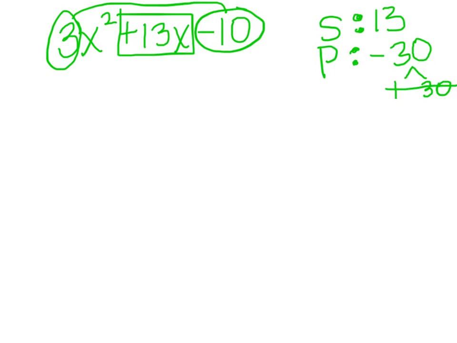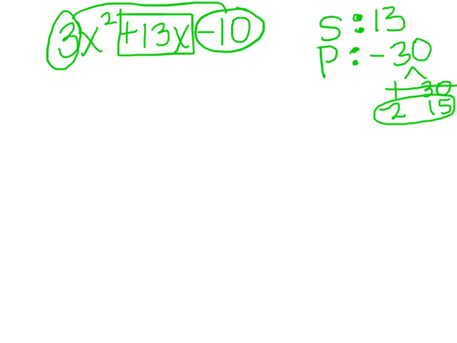So let's try the next factor pair, 2 and 15. Now, I know that 15 minus 2 is 13, so if the 2 were to be negative and the 15 were to be positive, this would be the correct factor pair. If it didn't work, you would go on and use other factors of negative 30.